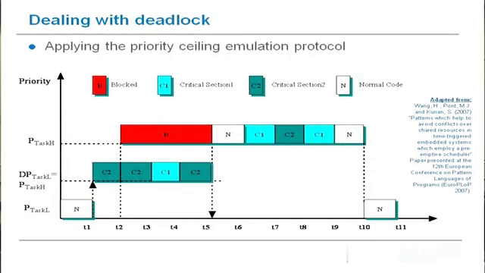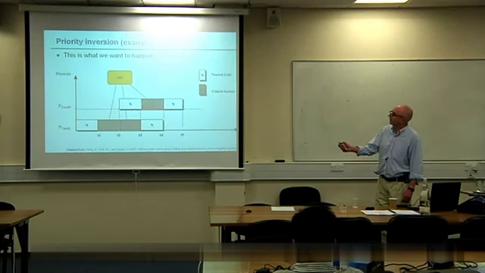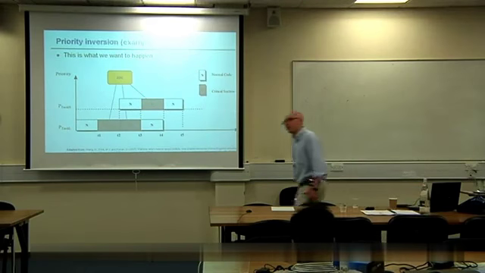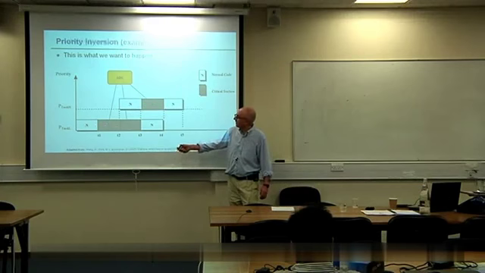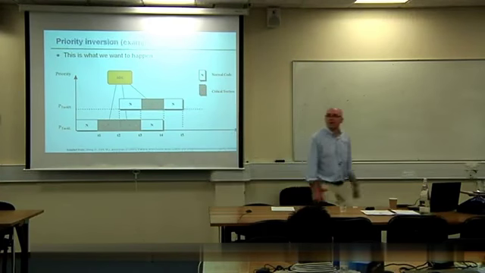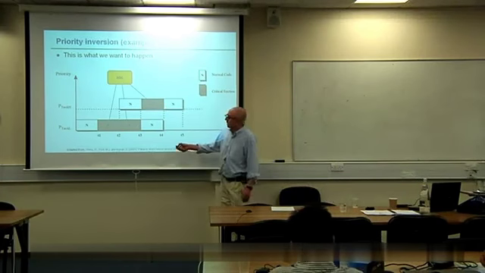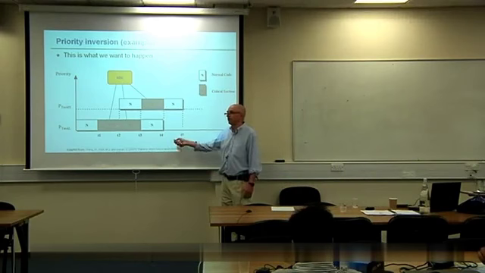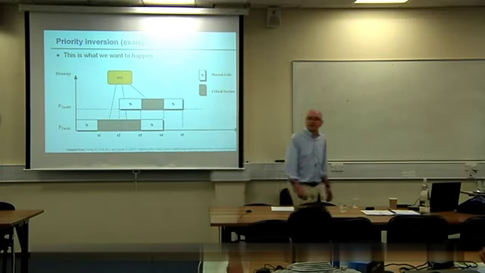Now this is how we can solve these problems. Let's go back, and again, you've actually solved this for me earlier. We address this by saying, okay, while this task has access to that critical resource, let's take the simplest model first, we'll give it maximum priority when it's accessing that critical resource.